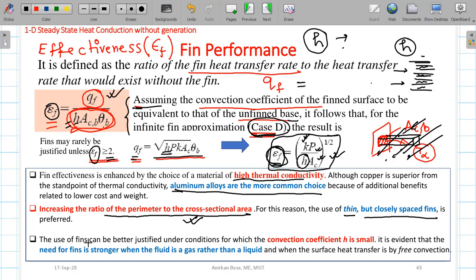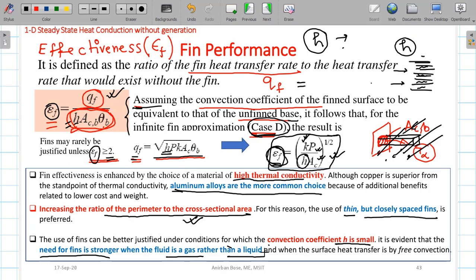So the use of fin can be better justified under the condition for which the convective heat transfer coefficient is small. Okay, so it is evident that the need for fins is strong when the fluid is a gas rather than a liquid, because in case of a liquid, the convective heat transfer coefficients generally are more.